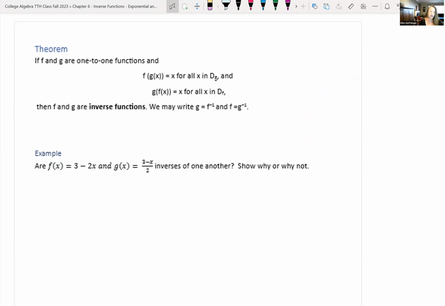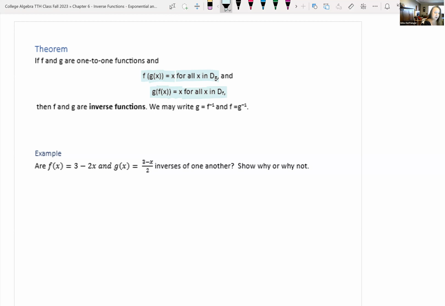If f and g are one-to-one functions, and you plug g of x wherever you see an x in f of x, so f of g of x, and you get back x for all x in the domain of g, then when you plug f of x wherever you see an x in g of x, so g of f of x, you must also get x for all x in the domain of f.